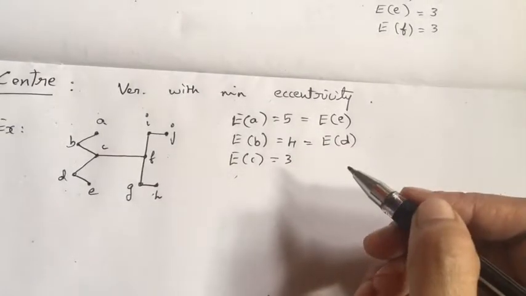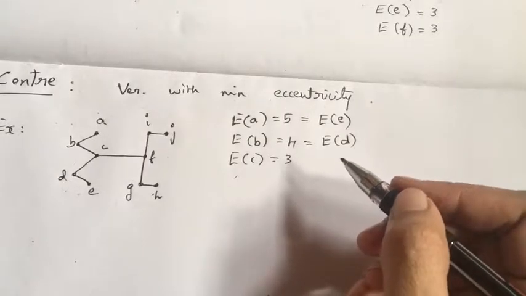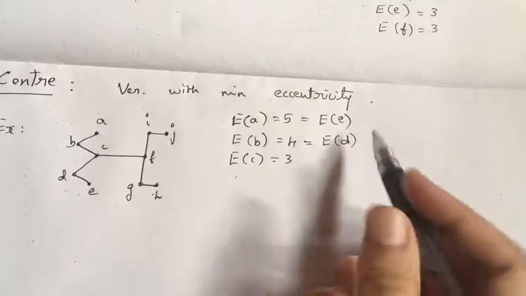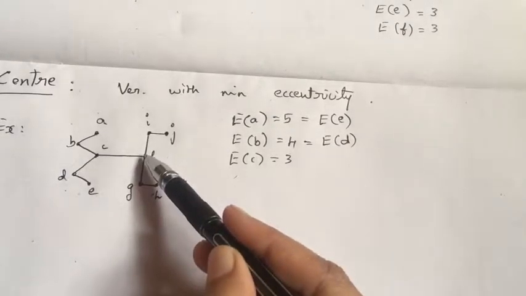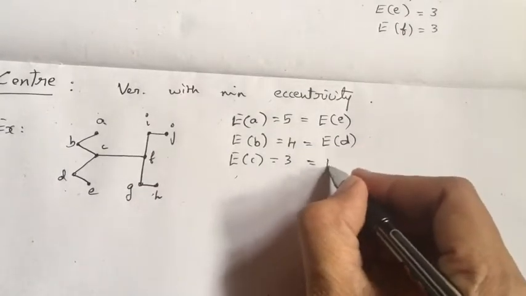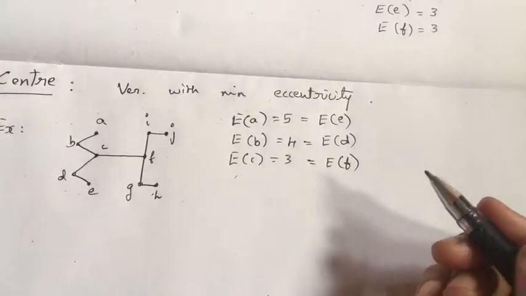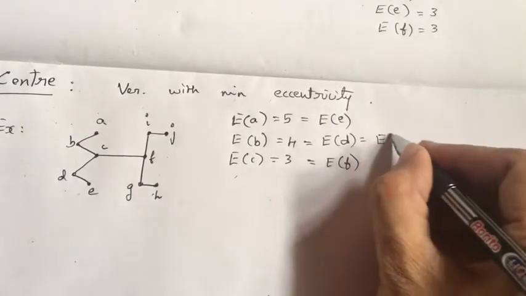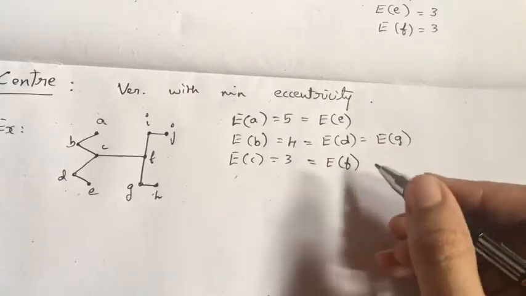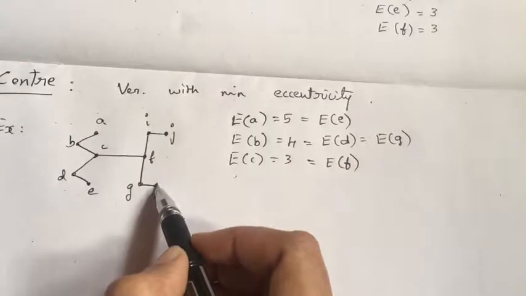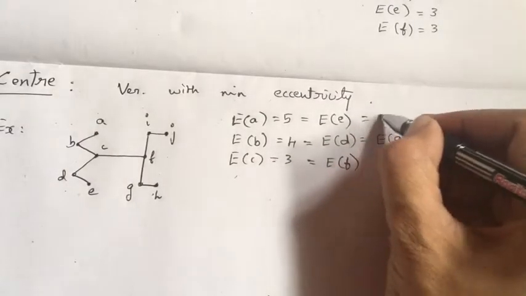Eccentricity of E is 5. I have mentioned A, B, C, D, E, F. Eccentricity of F is 3. Eccentricity of G is 4. I'm just writing it like this to save time.